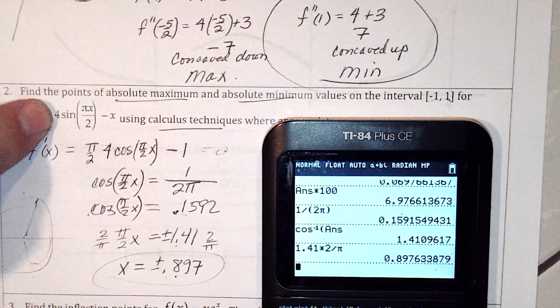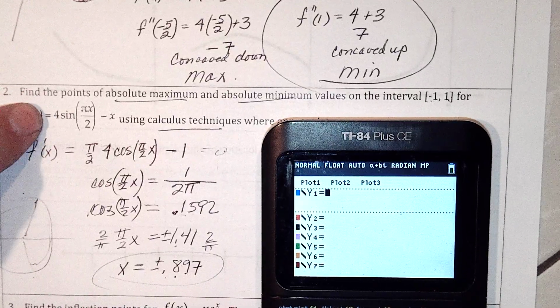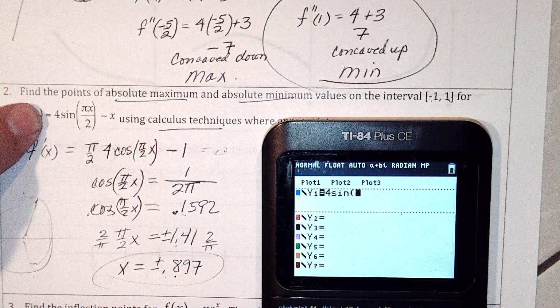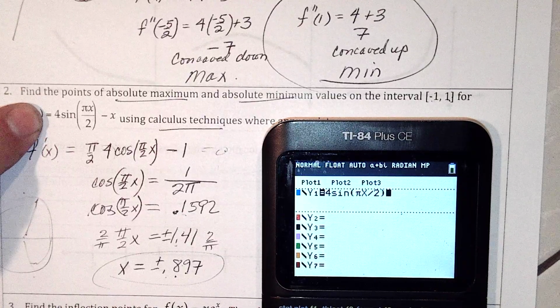So I'm going to type this into y equals 4 sine of pi x divided by 2 minus x.